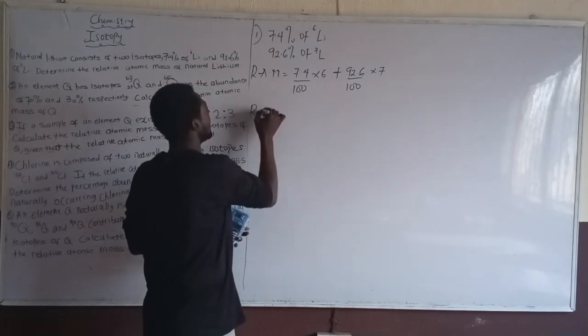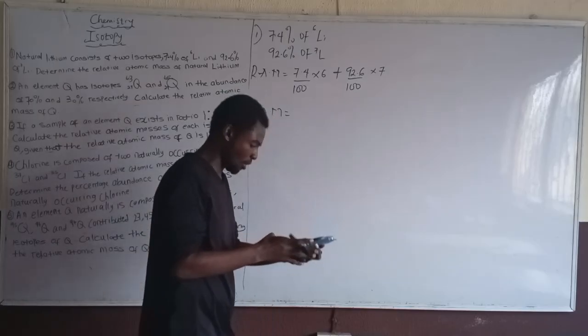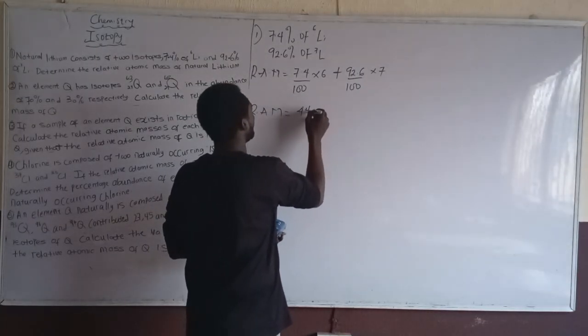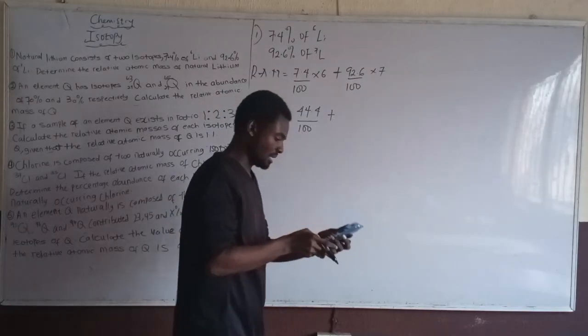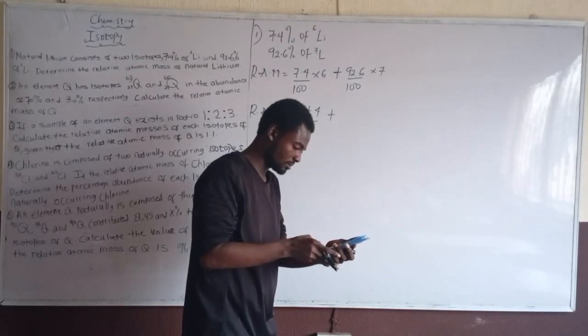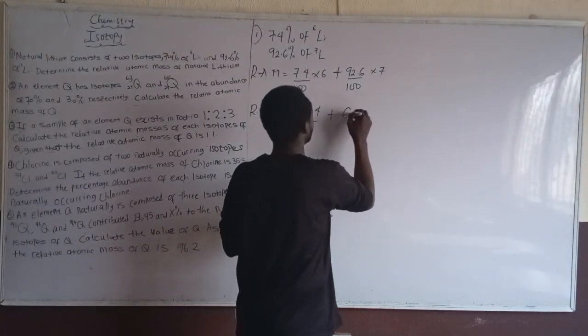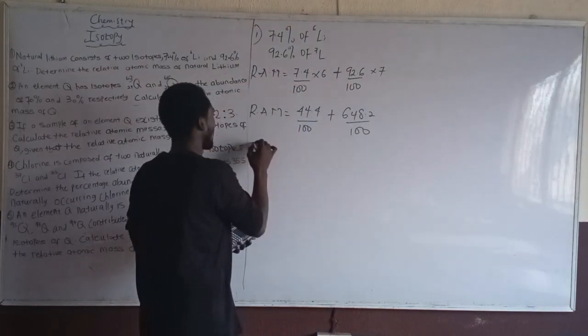So my RAM becomes 7.4 multiplied by 6, that is 44.4 over 100, plus 92.6 multiplied by 7, that is 648.2 divided by 100.